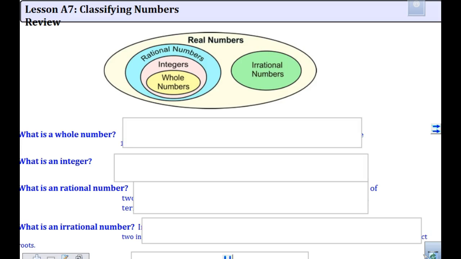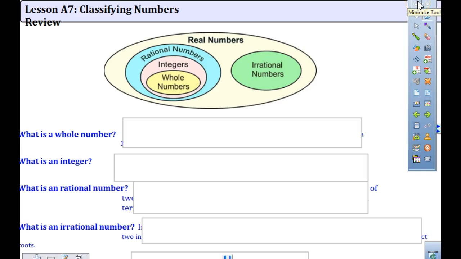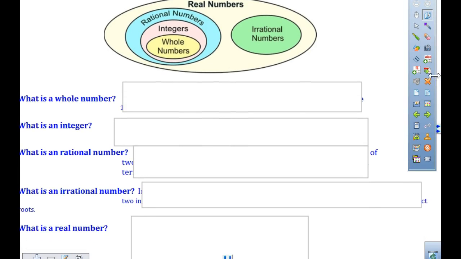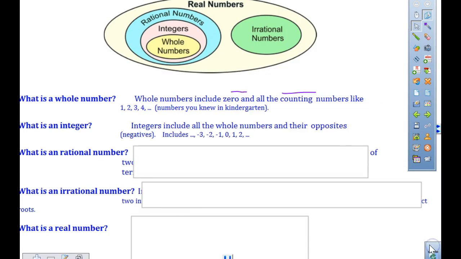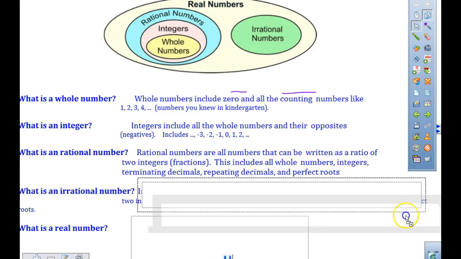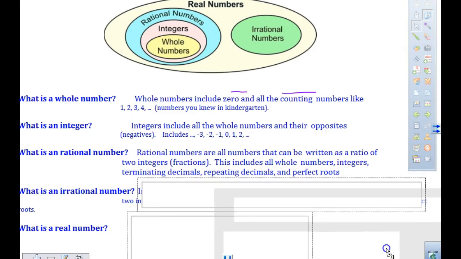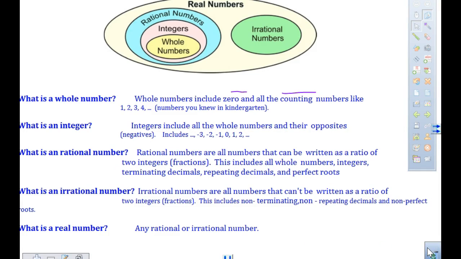So you're going to get these back. I'm going to put this vocab up here, and you guys can start copying the vocab as I'm handing these back, okay? So, as you are looking at this, what is a whole number, okay? And you're going to see that I'm going to highlight a few things up here. You don't need all this written down, I don't think.